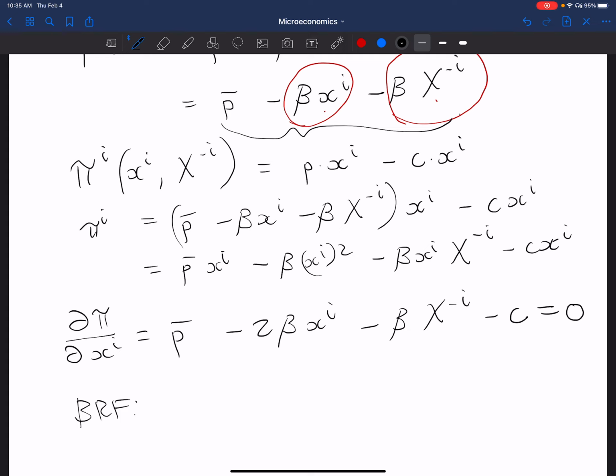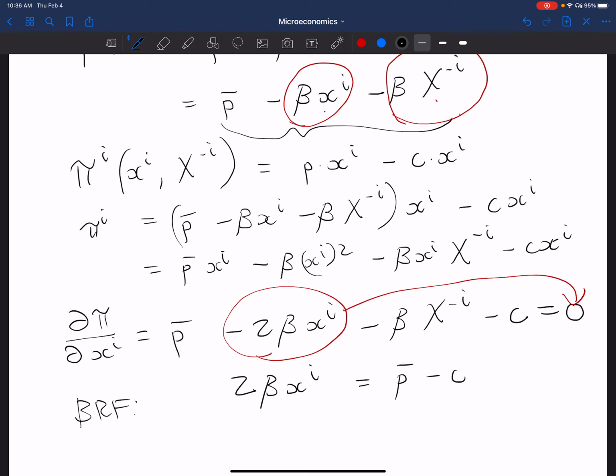What do we do there? We take 2 beta xi to the other side. What do we get then? We get 2 beta x super I equal to P bar minus c minus beta X minus I. Now we divide through by 2 beta.